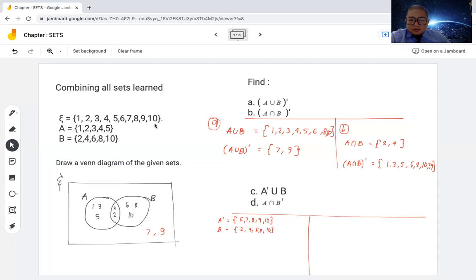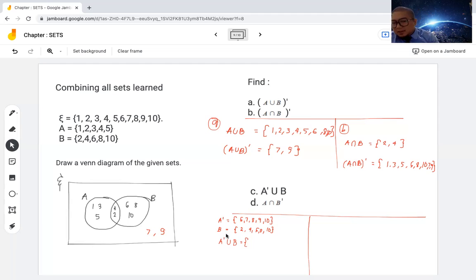Afterwards, you are now going to see that this is the complement of A and this is B. And all you need to do is to unite the elements. So when you say A prime union B, you are going to list down the elements and combine them.